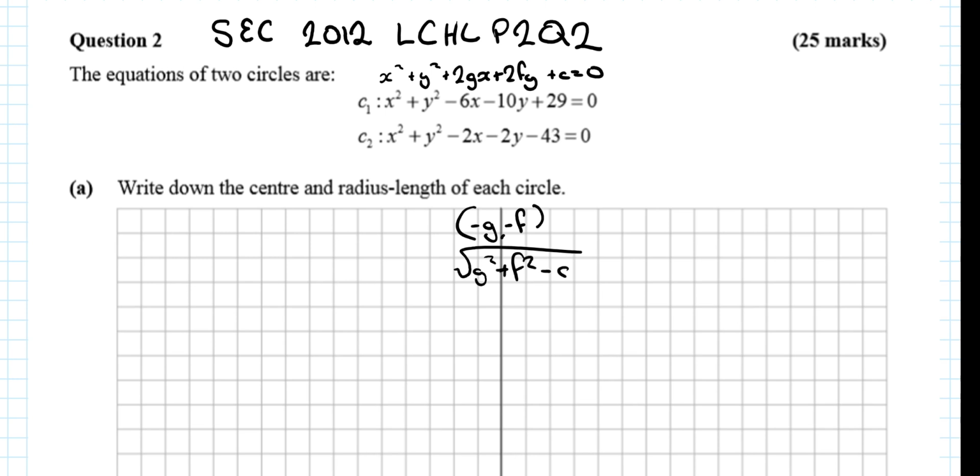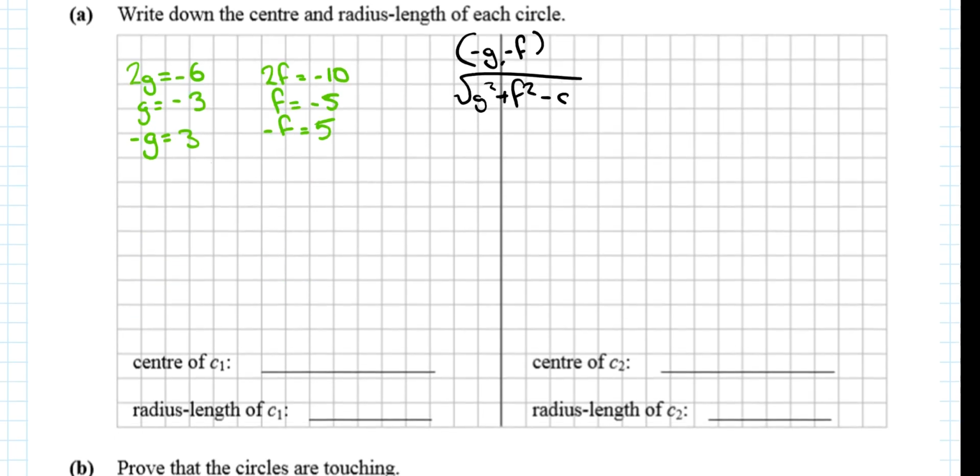We know for the first one, for C1, 2g is equal to minus 6, g is equal to minus 3, minus g is equal to 3, and 2f is equal to minus 10, f is equal to minus 5, minus f is equal to 5. So the centre is 3, 5 for the first one.